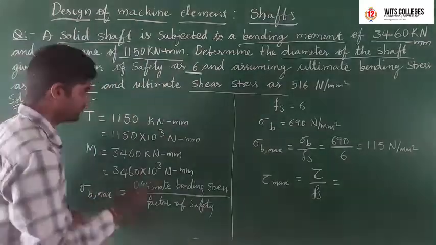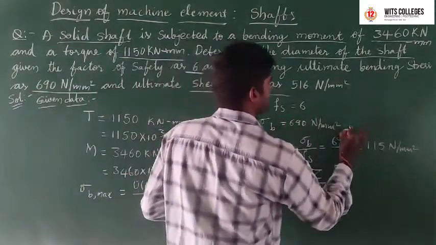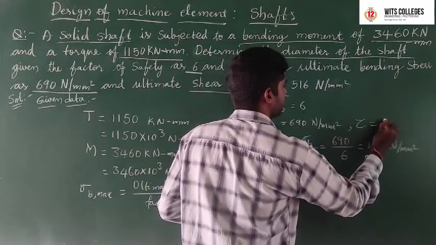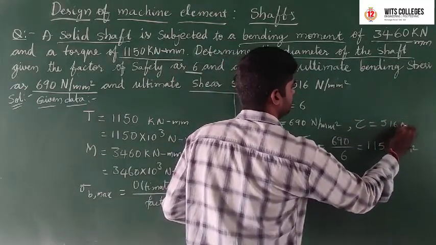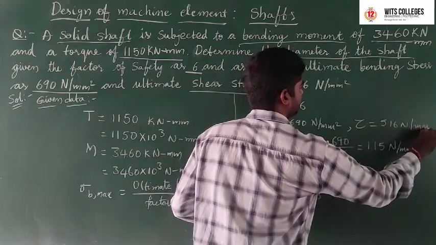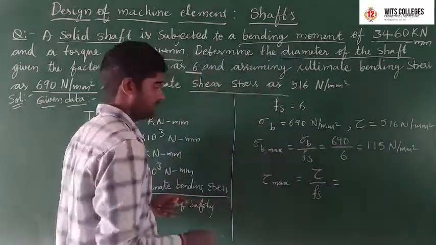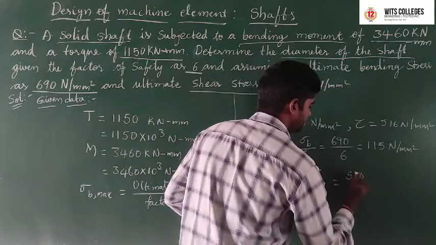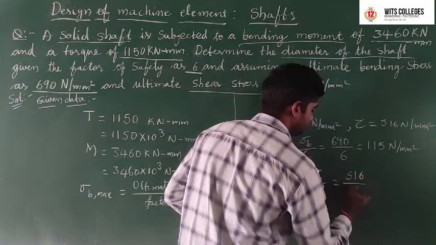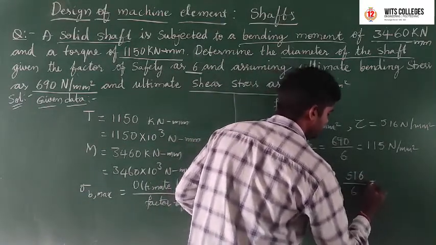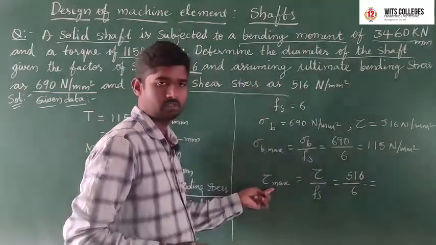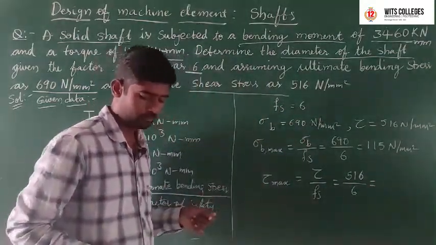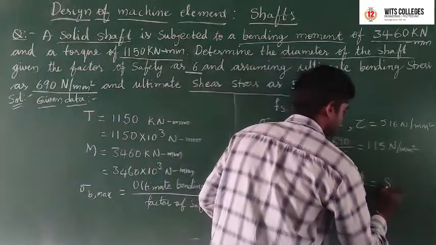Substitute the tau value, 516 by 6. Tau max is approximately 86.